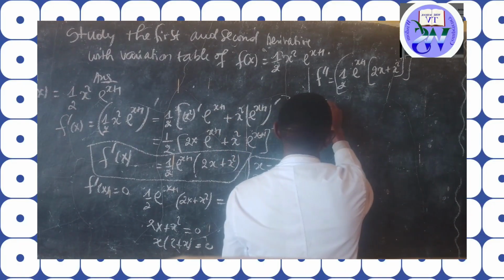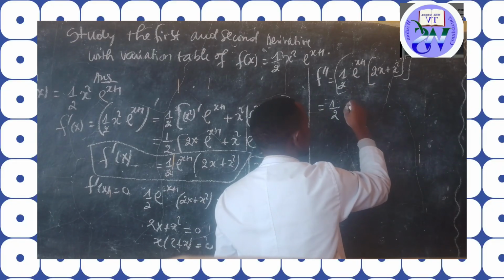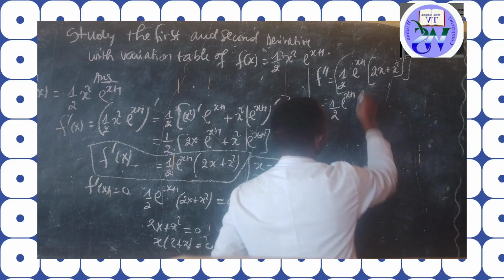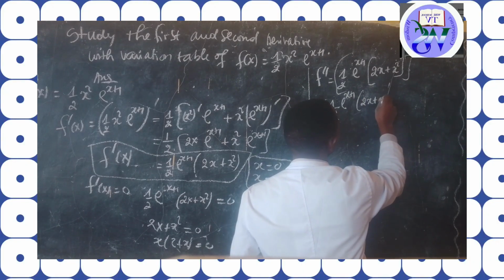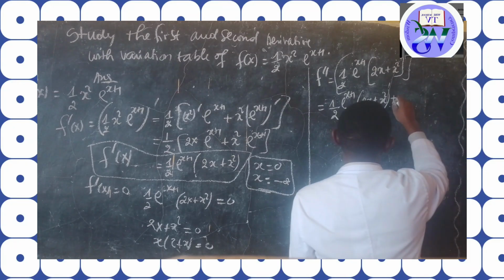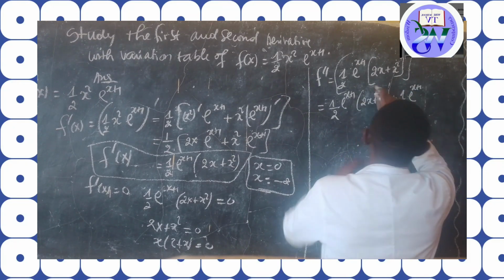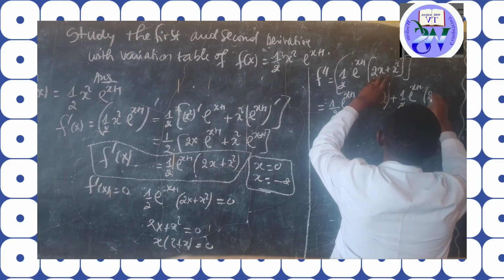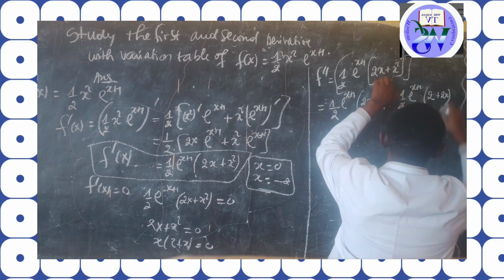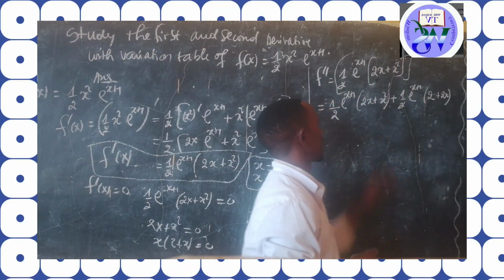This is equal to 1 over 2 times the derivative of e power x plus 1, which is e power x plus 1, times 2x plus x squared, plus 1 over 2 e power x plus 1 times the derivative of 2x plus x squared, which is equal to 2 plus 2x.